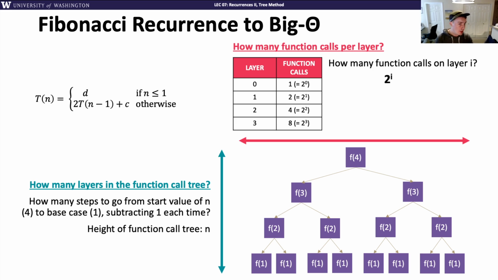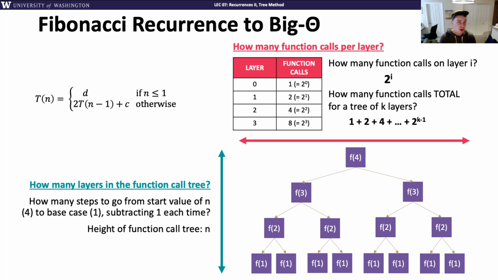So if I want to figure out the total number of function calls across, say, k layers, and you can also put n in there if you want to figure out the whole tree, well, that's going to be 1 plus 2 plus 4 plus ... all the way to 2 to the k minus 1. Why do I stop before k? Well, it's because we include 0 as our starting point.